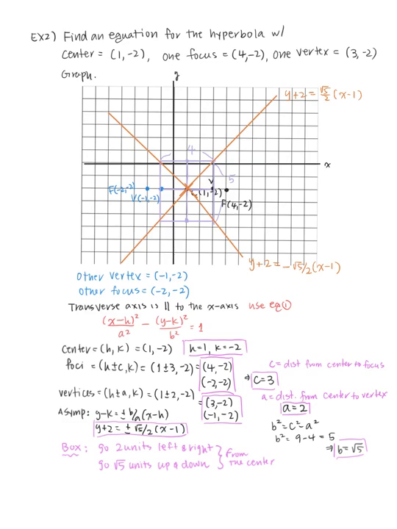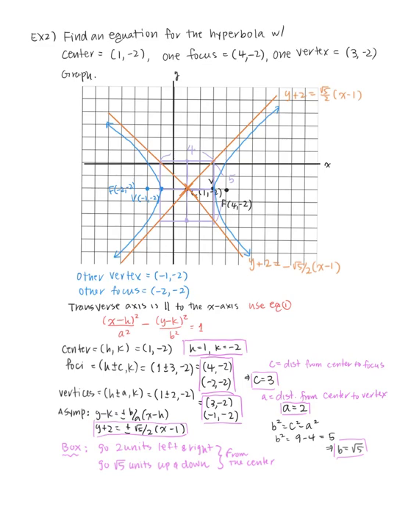All right, now let's draw the graph. From the vertex, I'm going to go towards the asymptotes nicely. Not bad, not bad. And then from this side, I'm going to do the same thing. We're done with the graphing part, but I forgot to write the equation of the hyperbola.